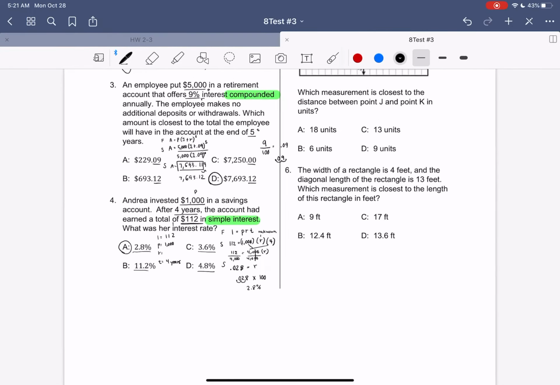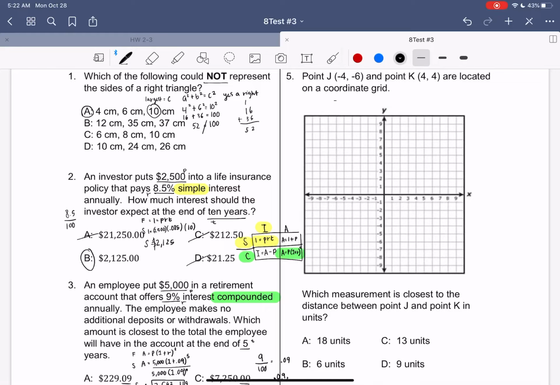So first we're going to have to plot this on the grid. We have -4 and -6. This is our X and Y. So we're going to count here 1, 2, 3, 4.